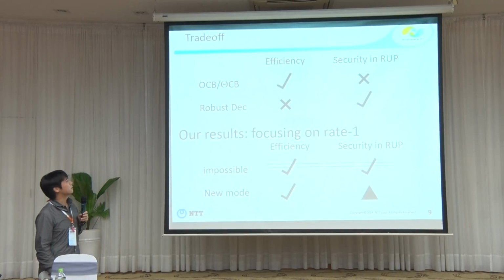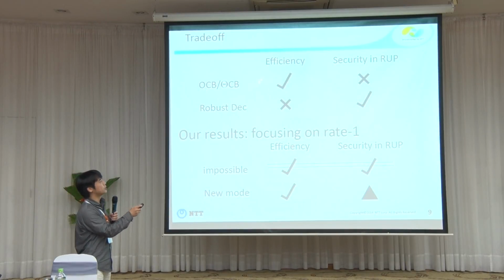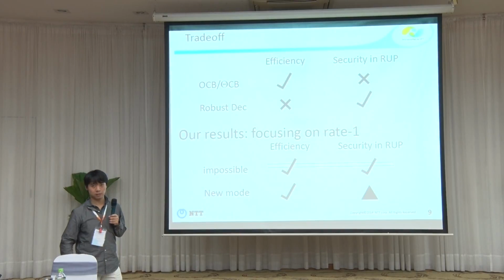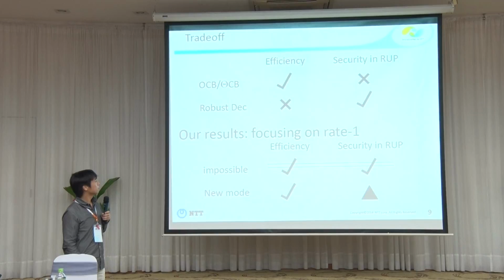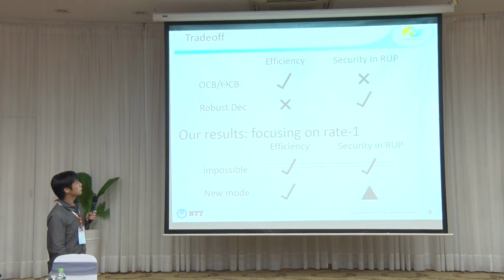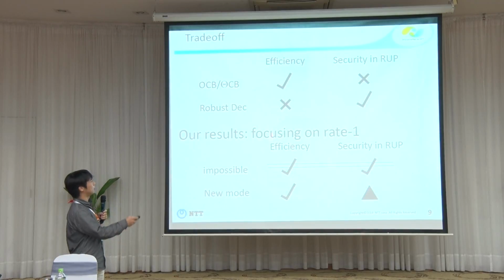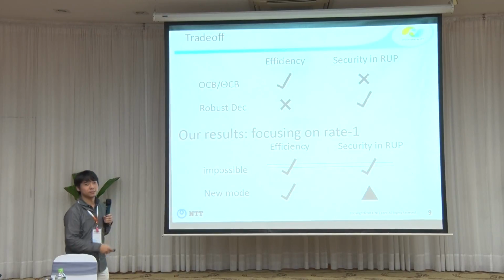Okay, so there is a trade-off. OCB and similar schemes are very efficient, rate 1, but RUP security is not achieved. Robust decryption achieves maximum security, but it's not efficient, not rate 1. So we want to provide another trade-off in this setting. We focus on rate 1, so we don't want to compromise this efficiency.